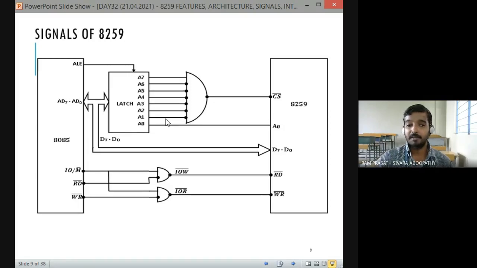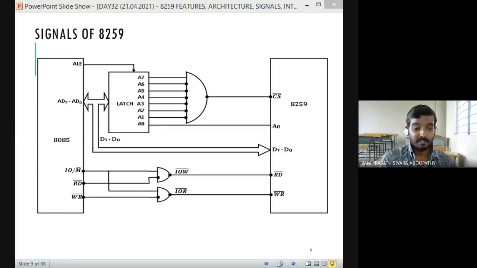Can you people type? So what must A7 be? A7, A6, A5, A4, A3, A2, A1 and A0.